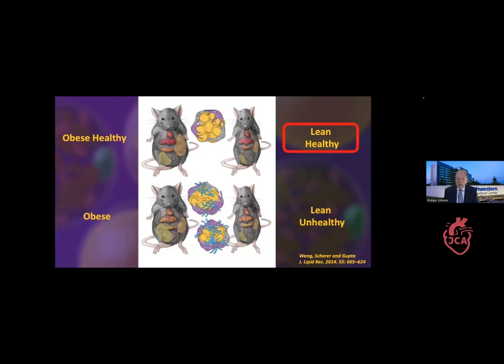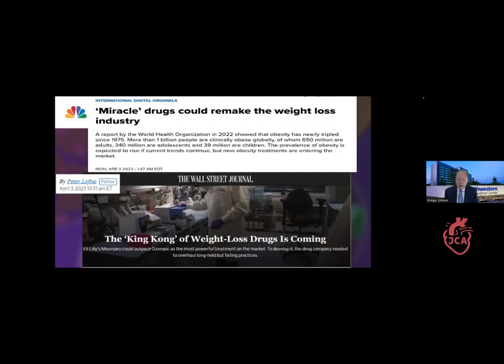However, I want to spend the final minutes of the talk a little bit on a different model, which is actually a lean, healthy model. We do undergo right now a bit of a revolution in the weight loss field. We appreciate that agents that play along the GLP-1 receptor axis have proven to be very effective insulin sensitizers and weight loss drugs.